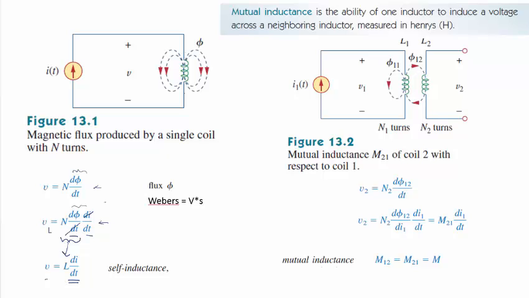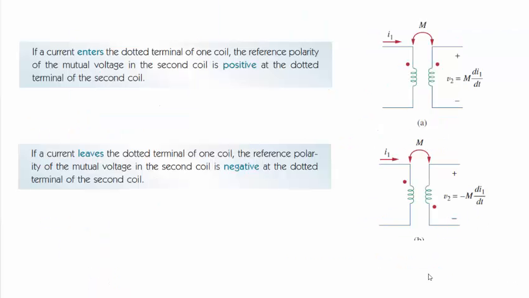So this is in henries, just like an inductor is, and inductance right here is also in units of henries. So henries times di dt, and over here you see henries times di dt, which is amps per second.